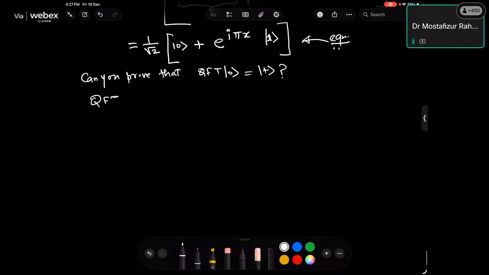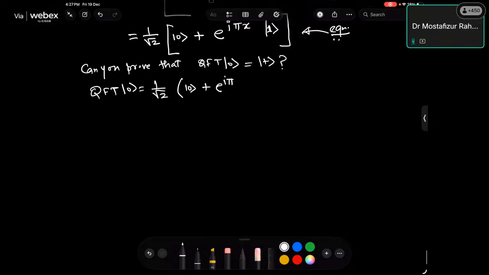Now QFT of 0 is 1 upon square root 2, ket 0 plus e to the power i pi x, where x will be equal to 0, ket 1, that is equal to 1 by square root 2, ket 0 plus ket 1, which we say is the plus state.